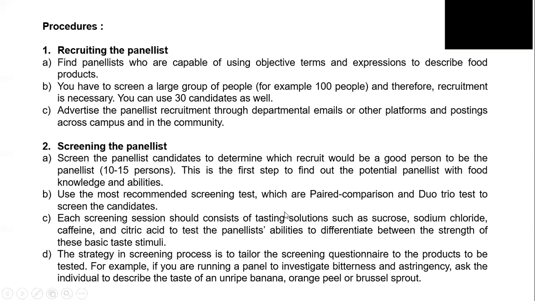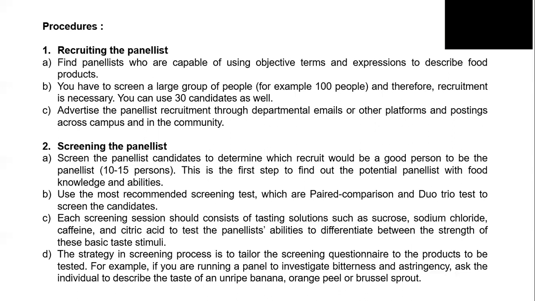We can use comparison tests. We can use duo trio tests, because we already learned about these two, right? Let's say in duo trio, we present 3 samples to the panelists, and we know that 2 samples are identical, while only 1 sample is an odd sample.